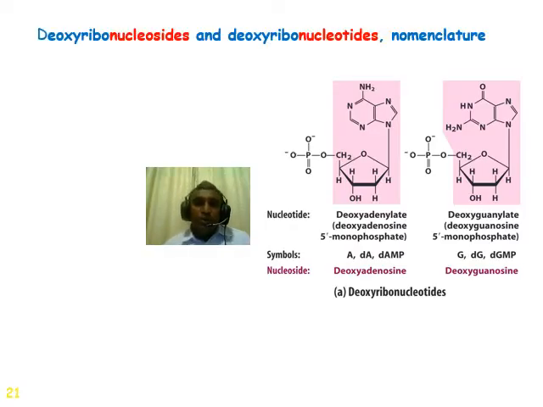So here we're going to focus our attention on the deoxyribonucleoside and the deoxyribonucleotide. Basically the difference is one has phosphate and the other does not. Firstly, it is called deoxy because there's no OH, instead there's hydrogen at the sugar.